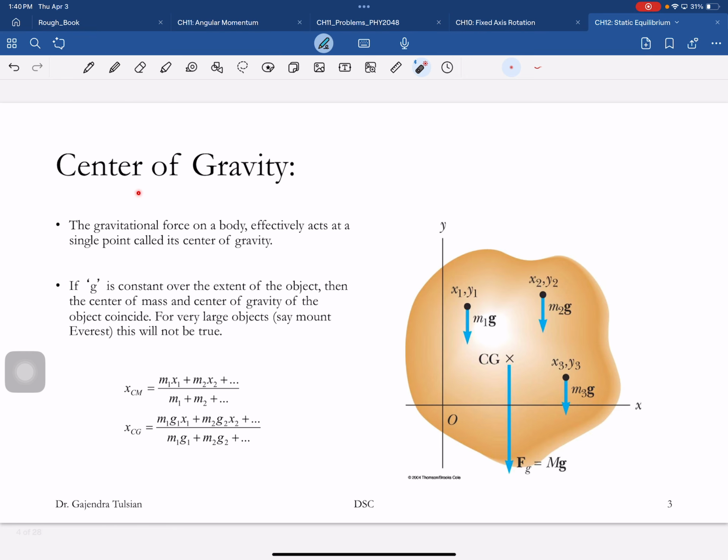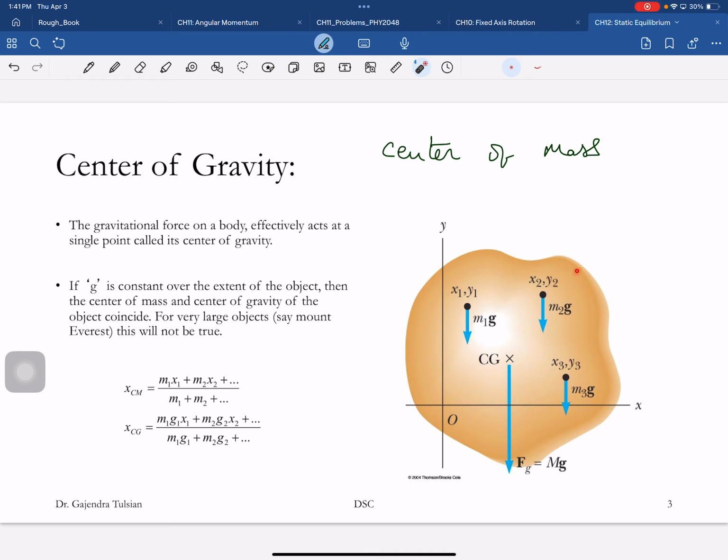All right, let's talk about center of gravity. This is different than center of mass. These two points will be the same for small objects. But for very large objects, like say Mount Everest, the center of gravity will be different than the center of mass.